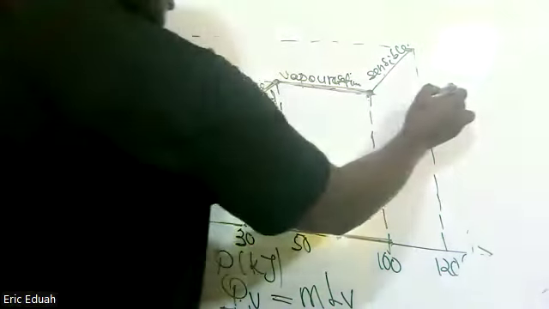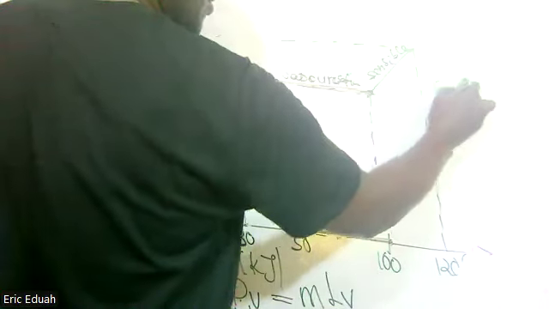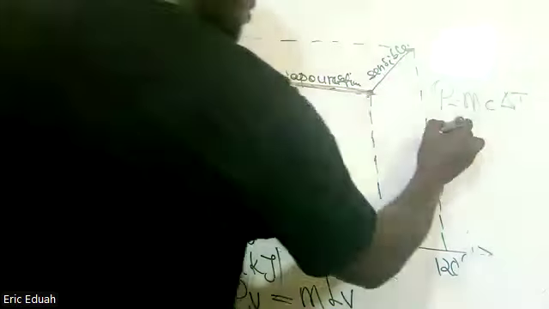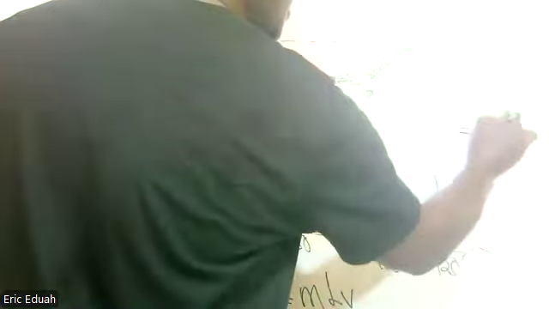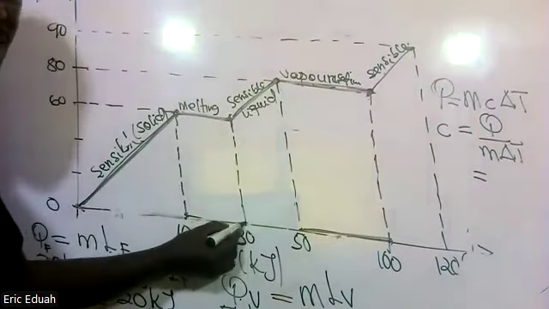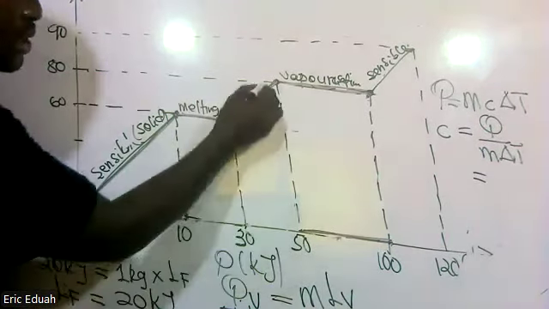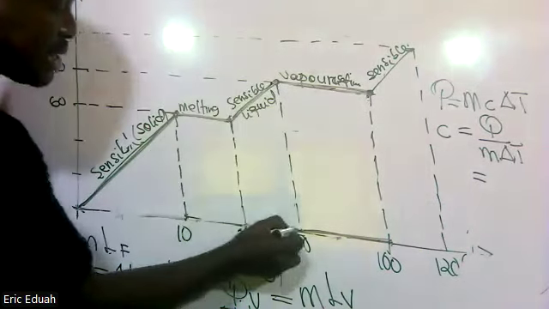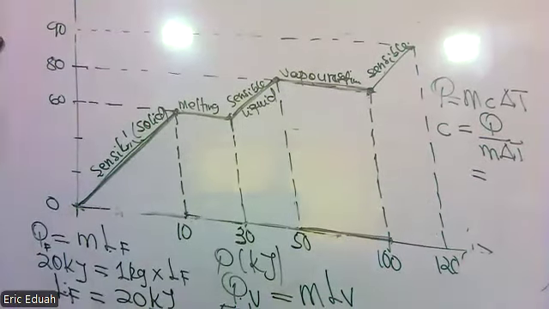So the specific heat capacity: Q is equal to MC delta T. You are looking for C. C is Q over M delta T. What is Q? Q is the quantity of heat energy used to raise the temperature from 60 to 80, and it is 20 kilojoules.